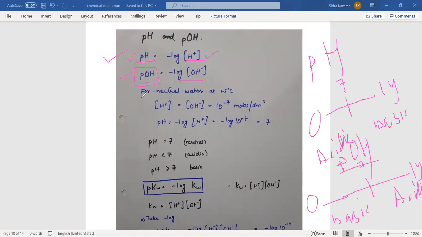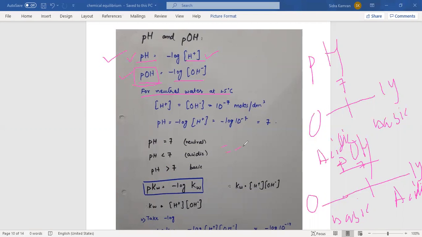So for a neutral water molecule, as we know, the concentration of H positive ion and the concentration of OH negative ion is equal to 10 to the power minus 7 moles per dm cube. So let's calculate the pH. pH is equal to minus log of concentration of H positive ion. Concentration of H positive ion is 10 raised to the power minus 7.